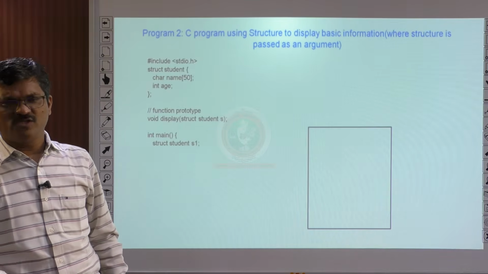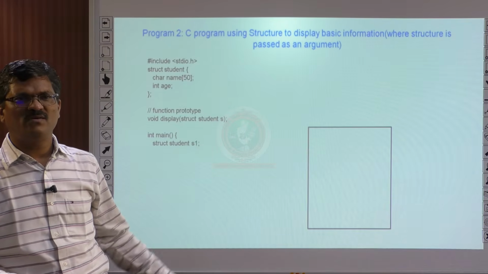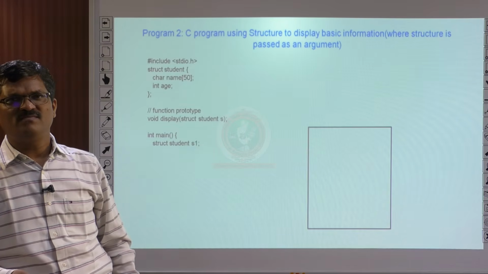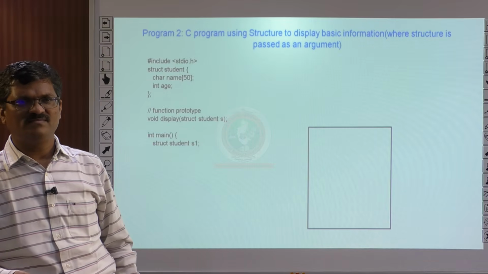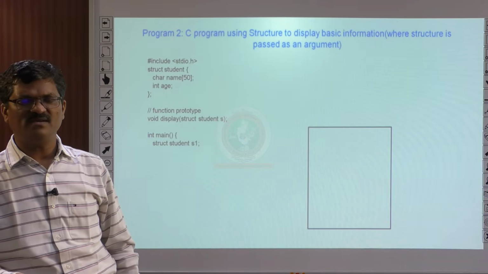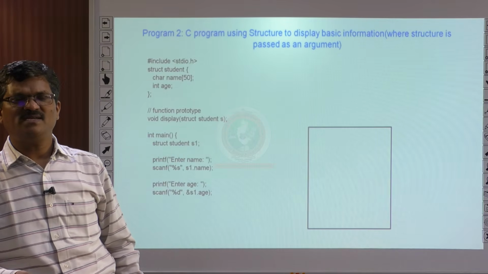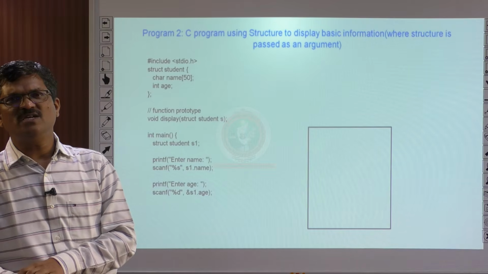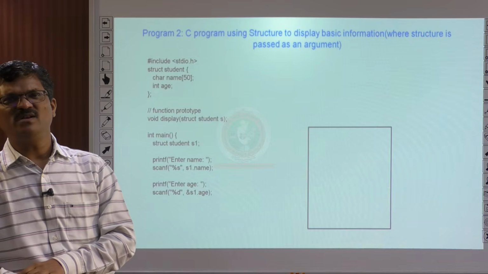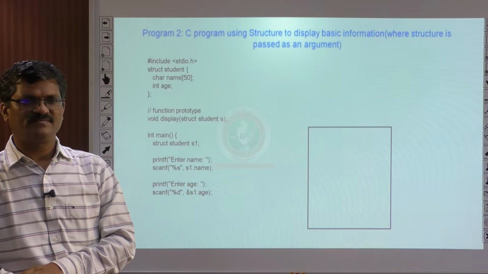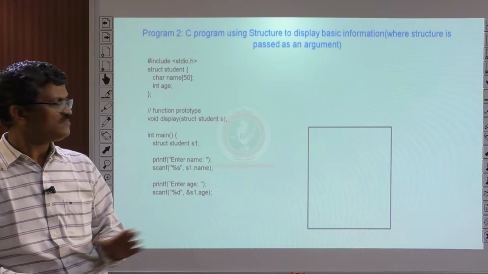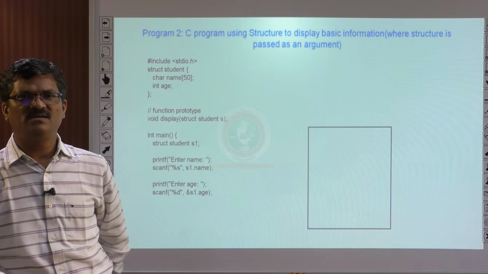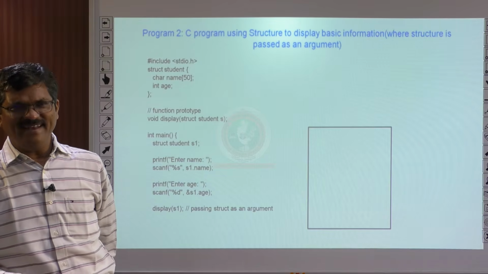And then we start writing our main program, wherein I declare one more variable called S1, a structure variable of type struct student, so that I can read the values of name and age corresponding to the S1 structure. Using the scanf, printf combinations, we enter the information.